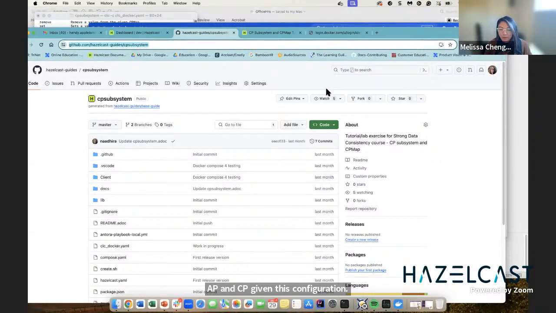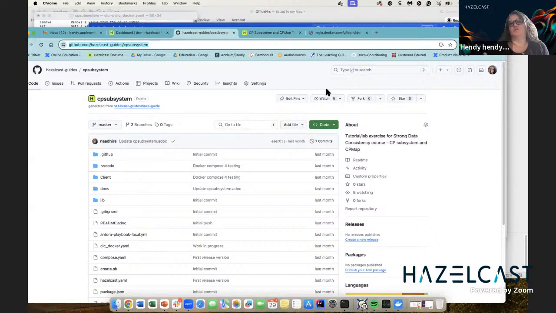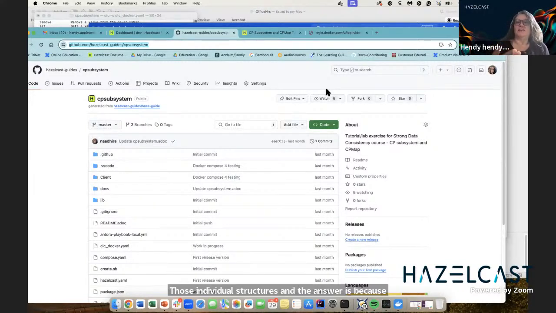And one more. Can I use Java concurrency primitives like AtomicLong and AtomicReference instead of CP map? You can use AtomicReference or AtomicLong for storing one piece of data. Why would I want to use a CP map versus those individual structures? The answer is because they are singular data structures. They're not a data set. They're a single entry.